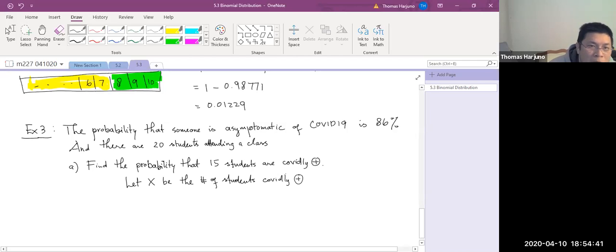Now, you have 20 students not showing any symptoms. We don't know which and how many are actually COVID positive. Then X will be binomially distributed. How many trials? There are 20 students, which represent our number of trials. The probability that they are COVID positive is 0.86. Then what is the probability that X equals 15?